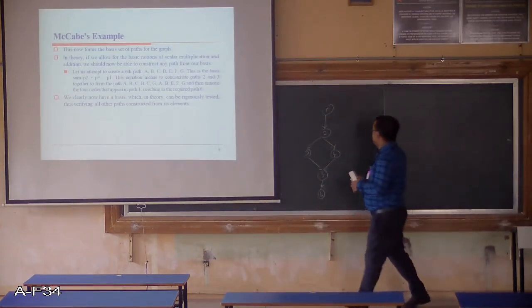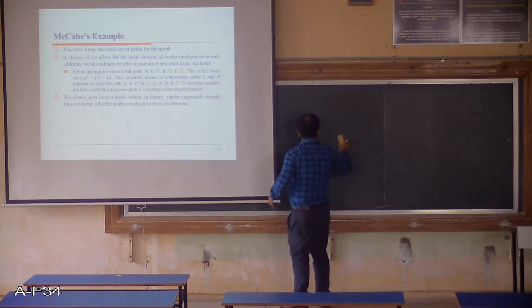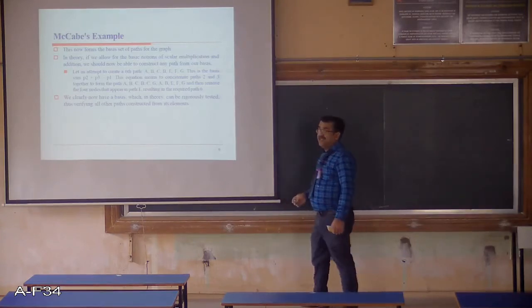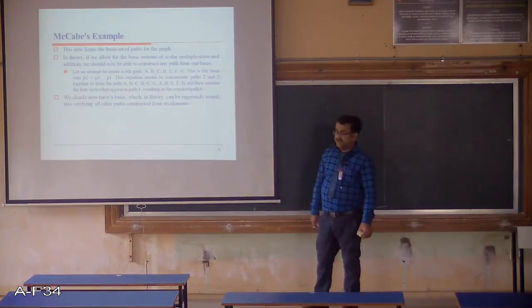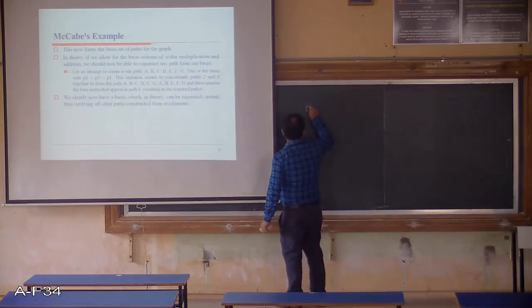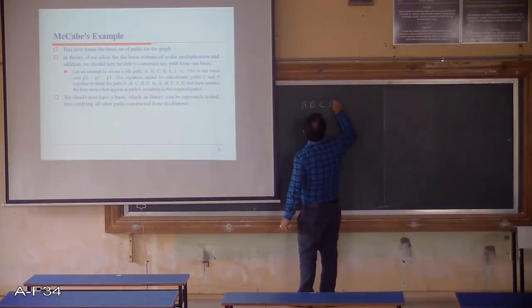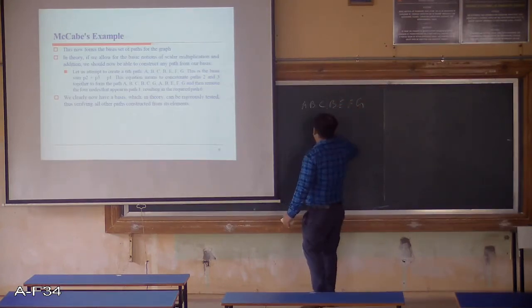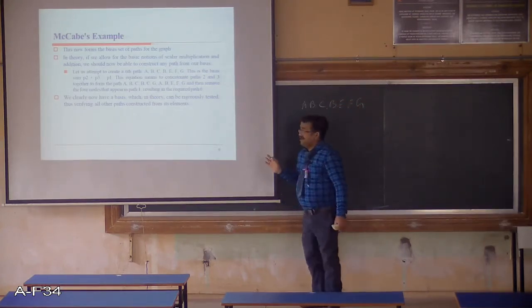As I told you, with scalar multiplication, addition, etc., you can basically form the other paths using the basis path. Now the basis path is, in this particular path, what is the path? You just see A, B, C, B, E, F, Z. Remember, A, B, C, B, E, F, Z is not the basis path.